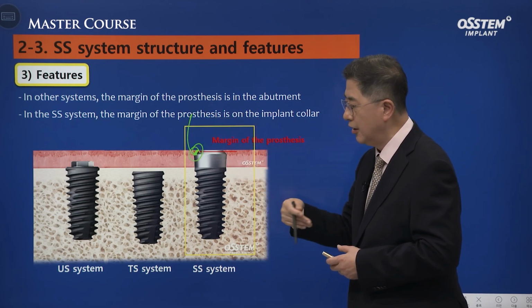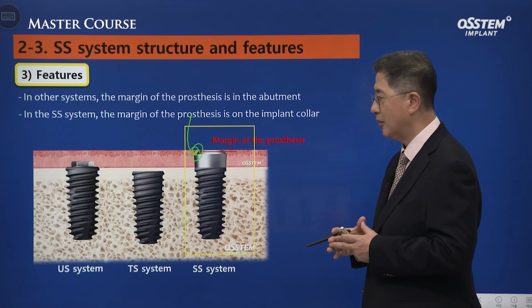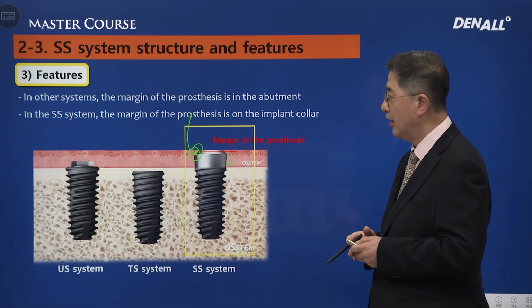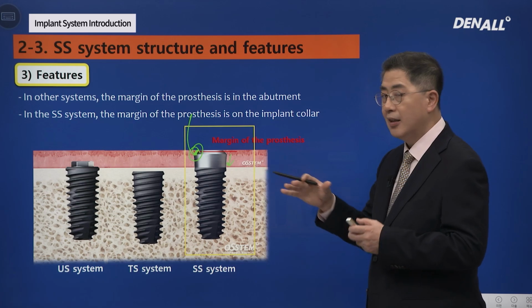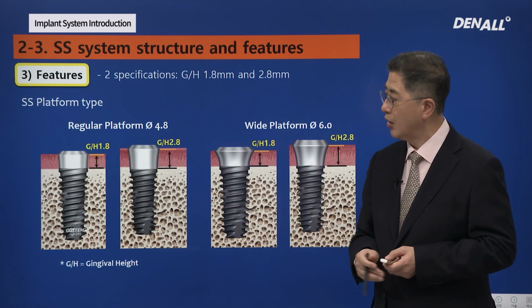Hence, there's less sinking down and the connection is strengthened. However, if you place this implant deeper, you no longer can use the bevel as the margin of the prosthesis.